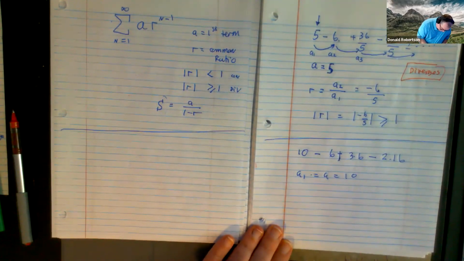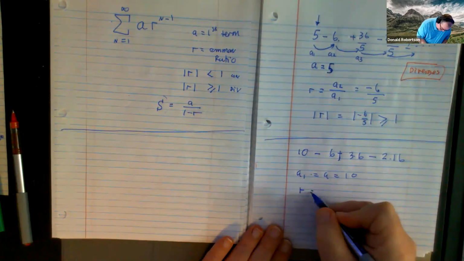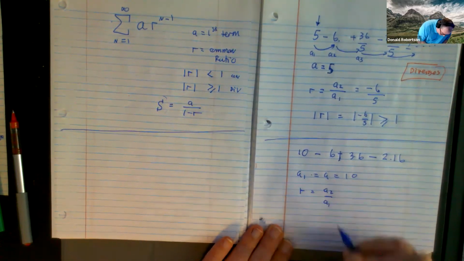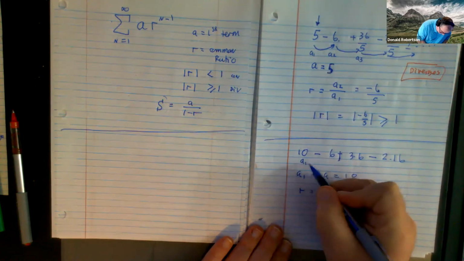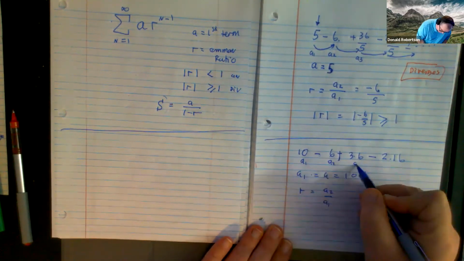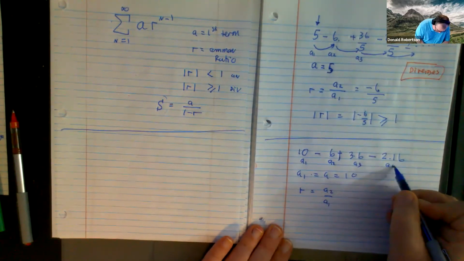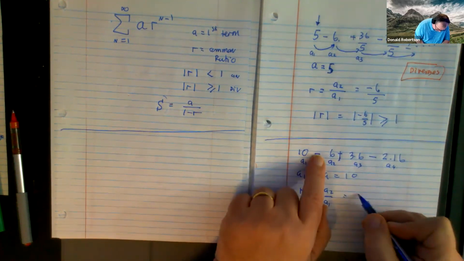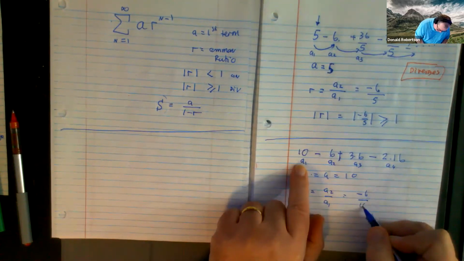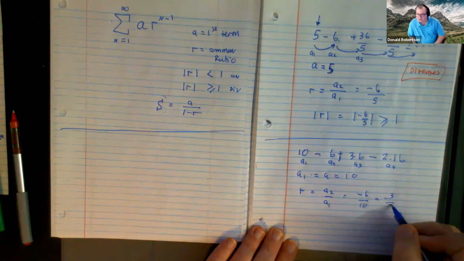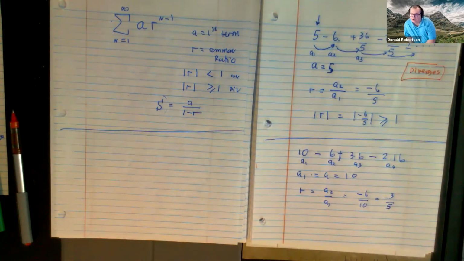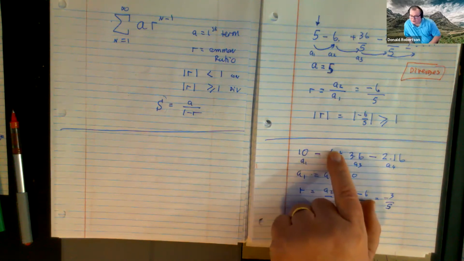The common ratio is going to be those two terms. So that would be a1, a2, a3, and a4. -6 over 10 comes out to be -3/5. Are you happy about the common ratio for this one? It's -3/5.